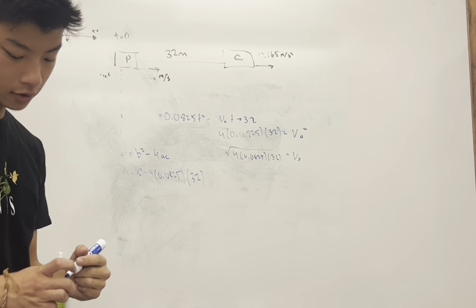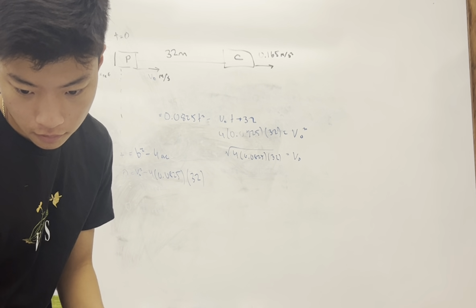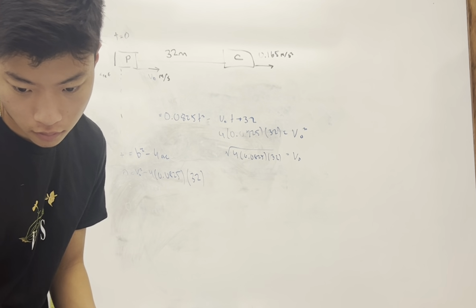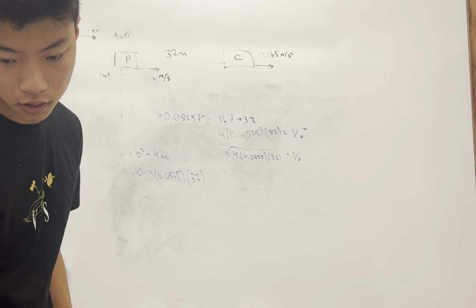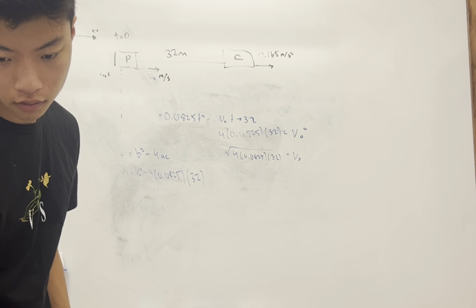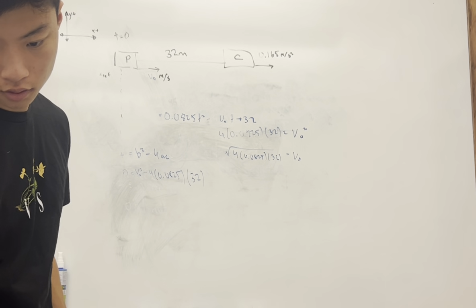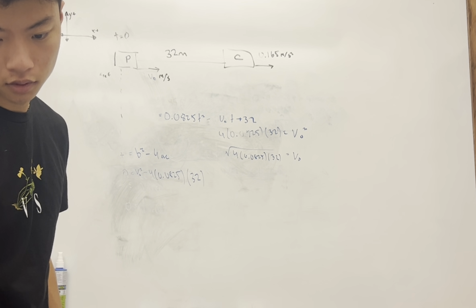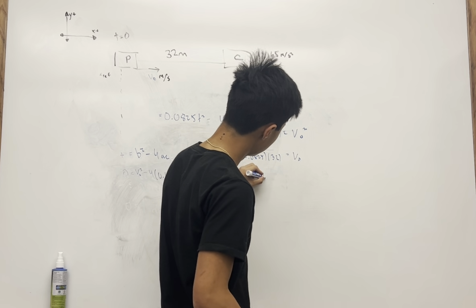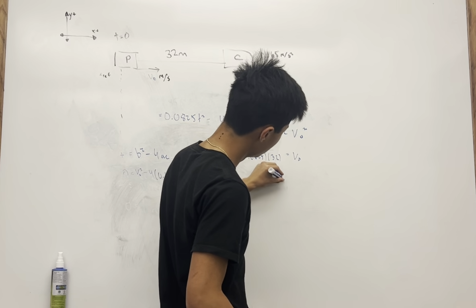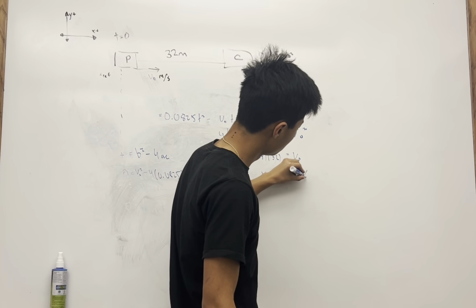And when we put that through a calculator, we get v0 equals 3.25 meters per second.